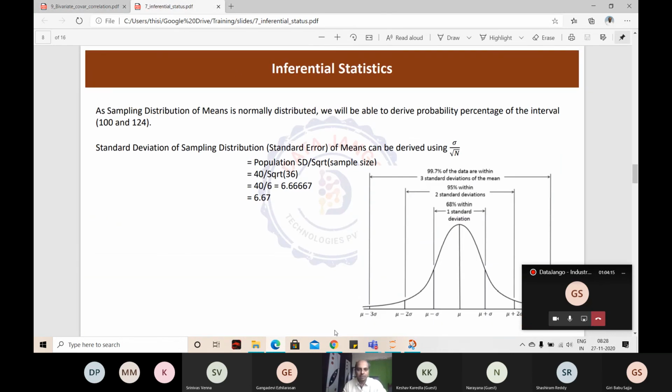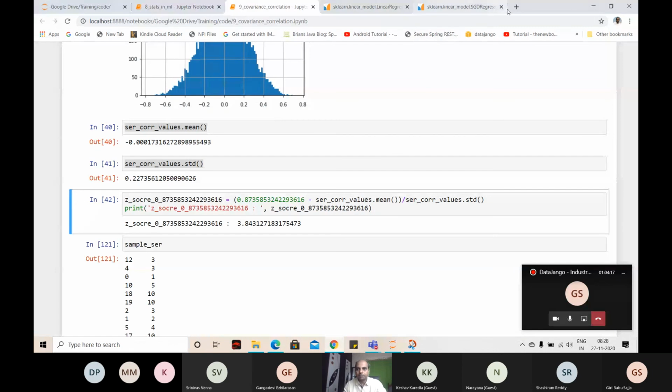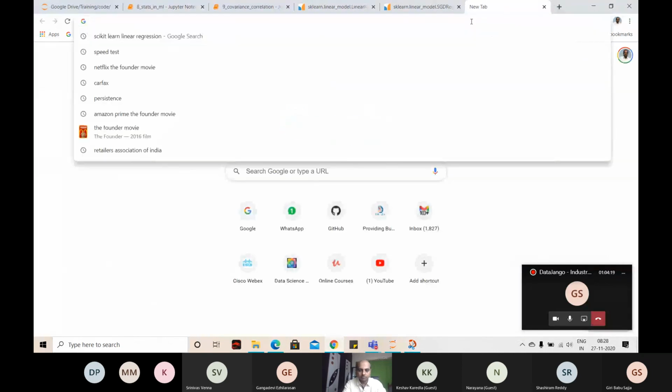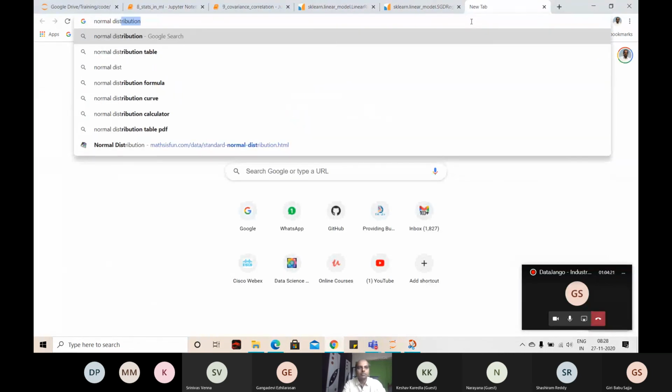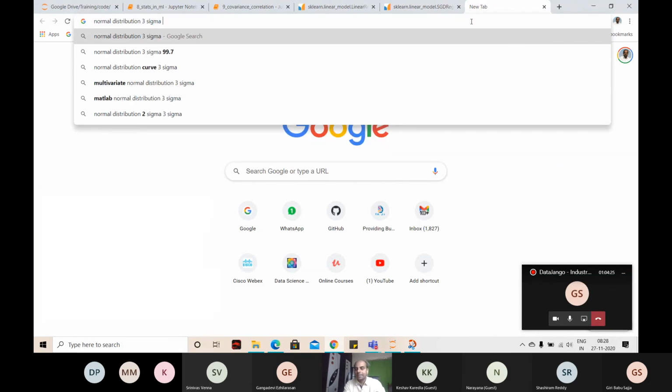Let me see. Theoretically, I know it. I am actually doing it right away in front of you. Whatever theory I know, I am actually proving myself, not exactly explaining to you.